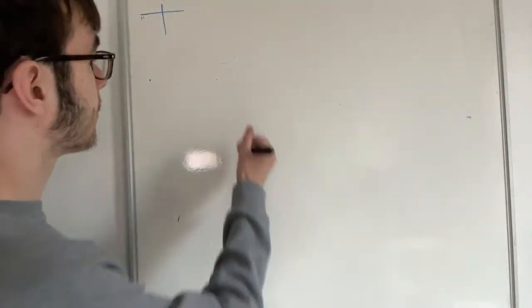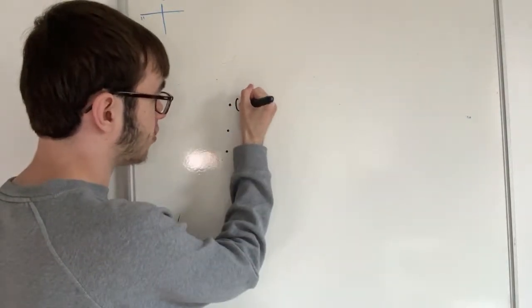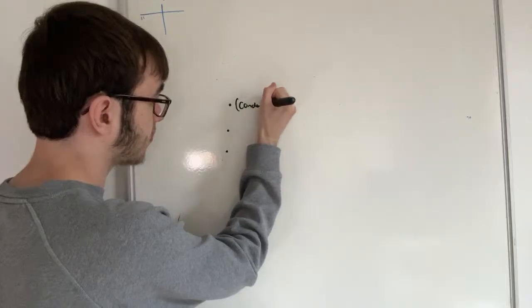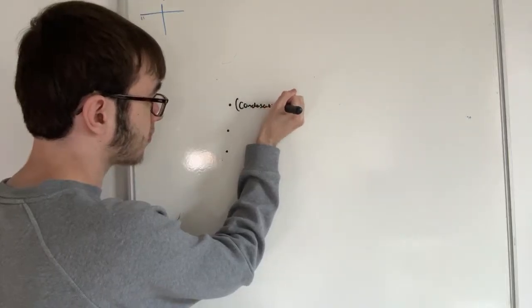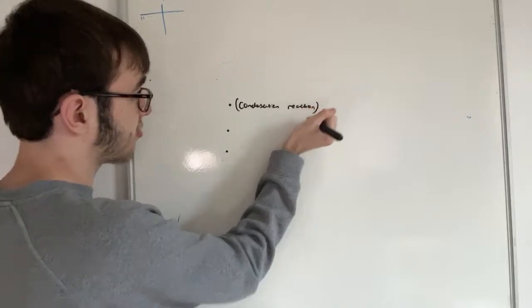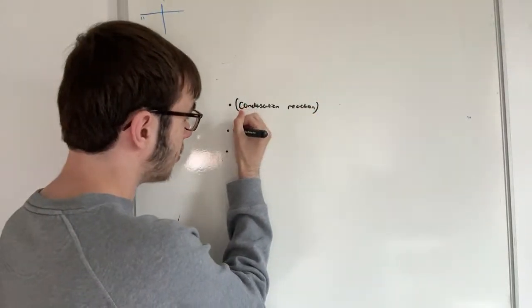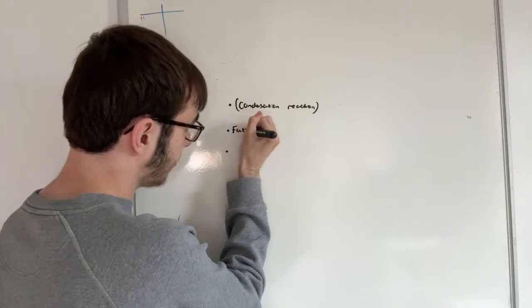Okay, next question. Describe how a triglyceride molecule is formed. 3 marks. Okay. We are going to say that it is a condensation reaction. It is the formation of fatty acid.